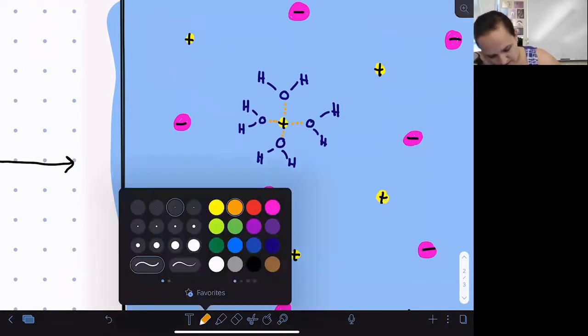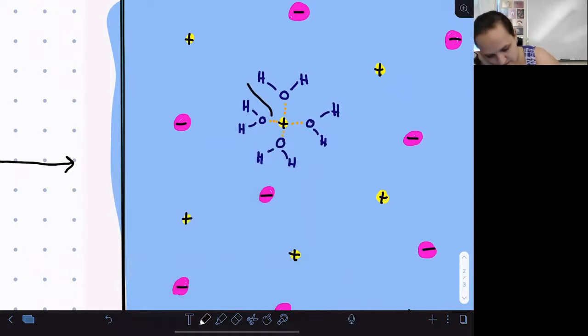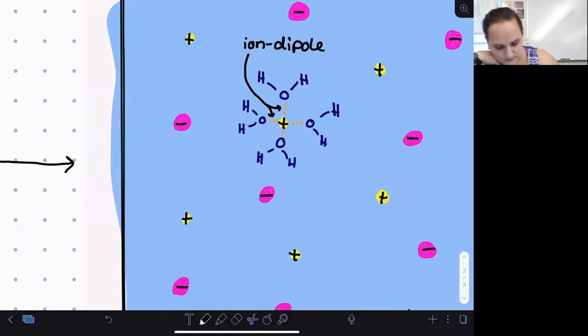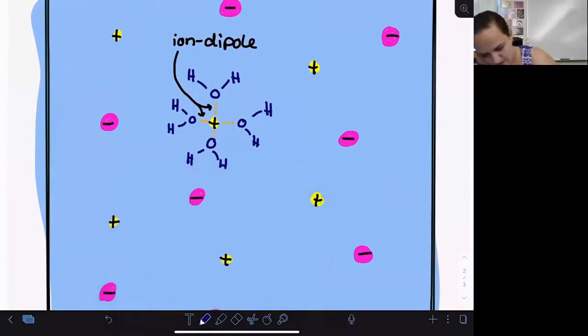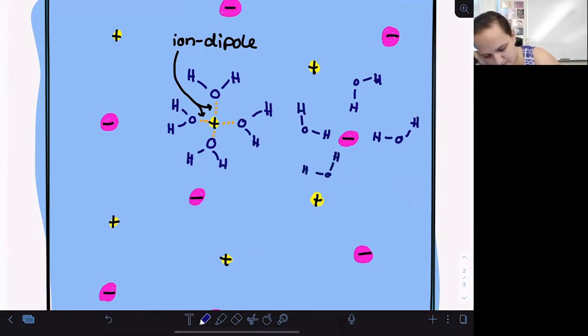So these are our ion-dipole interactions. Around anions, we would have the same idea, but in the opposite direction, where now the hydrogens, which are positively charged, point in, attracted to that negative anion.